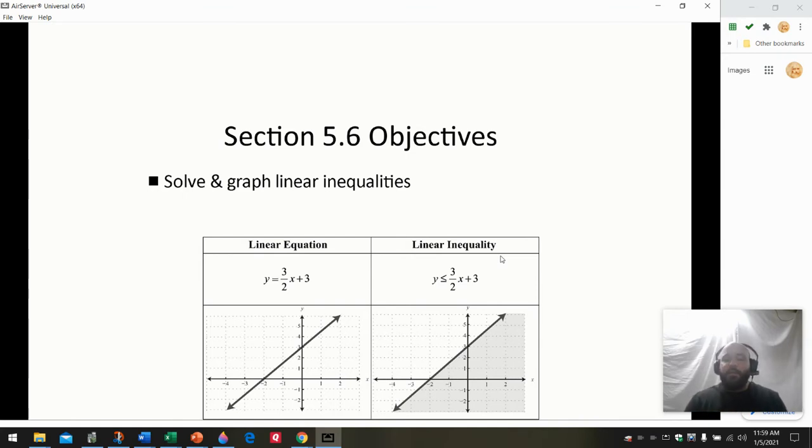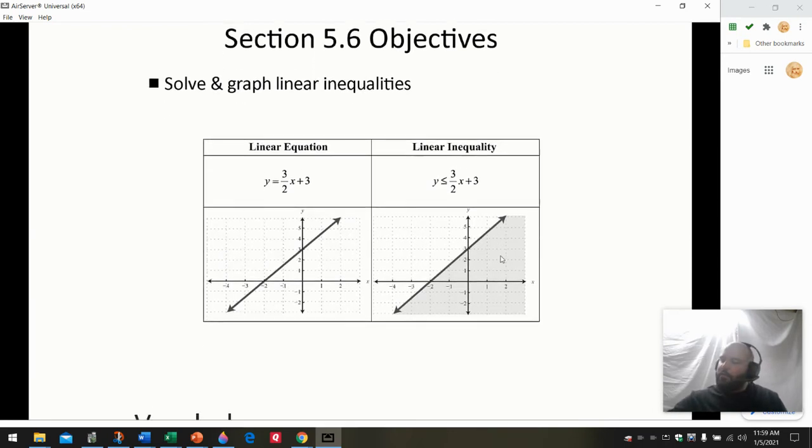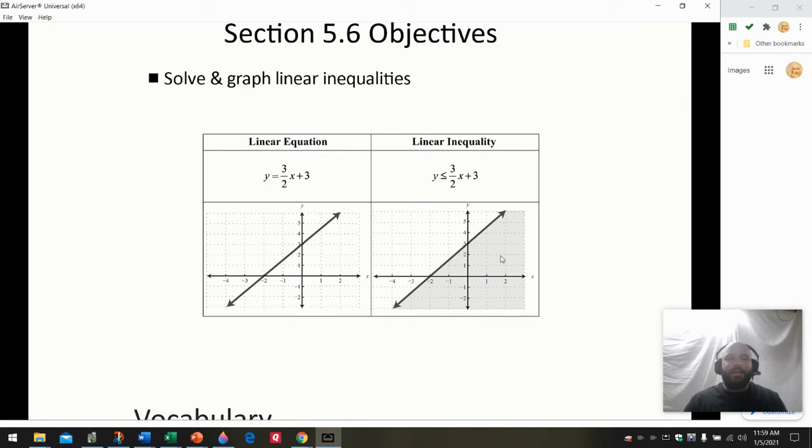Hopefully these look pretty familiar to you in that they're very similar to graphing linear equations, which we did a good bit of earlier in the year. If you look at this one that I just circled, y equals 3 halves x plus 3, you can see that that is something that you should know how to graph, right?